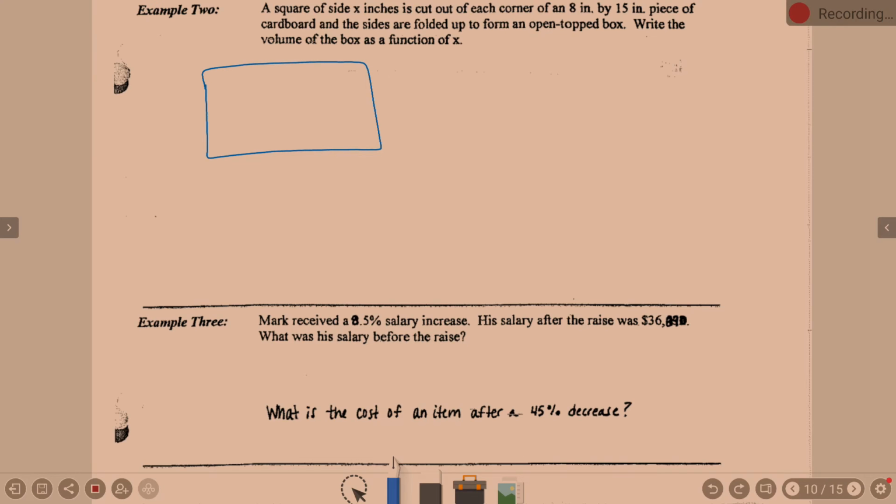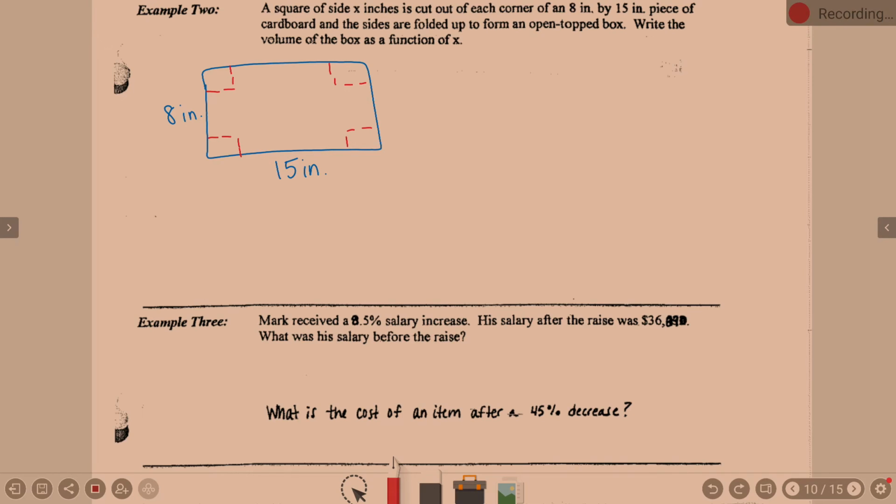Okay, guess what that is? 8-inch by 15. That is my 8-inch by 15-inch piece of cardboard. Easy enough? Sure. I was suggested we do this problem, so I've got to get us started, right? So the idea here is that a square is cut out of each corner.